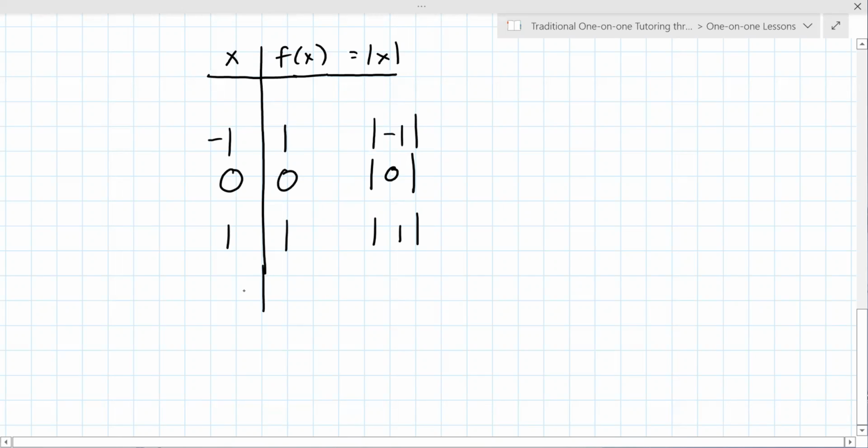Absolute value of 2. Positive 2. How about -2? 2. Okay, so notice for each of these, I take the value in the X column, put it into the absolute value, and it returns this number here on the right. Okay.